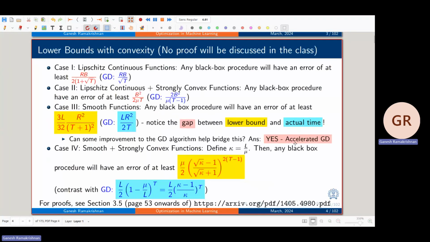And we discovered that there's some gap, mostly in the smooth function regime. And this gap is what we are trying to bridge.